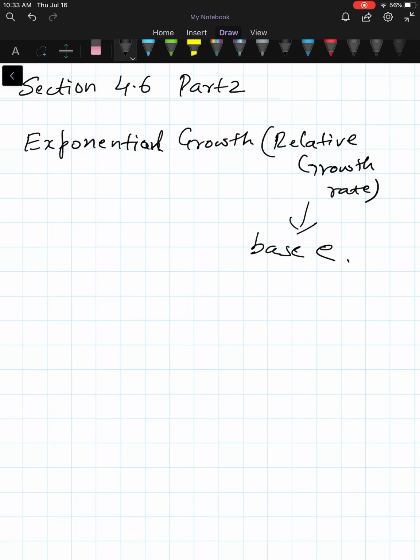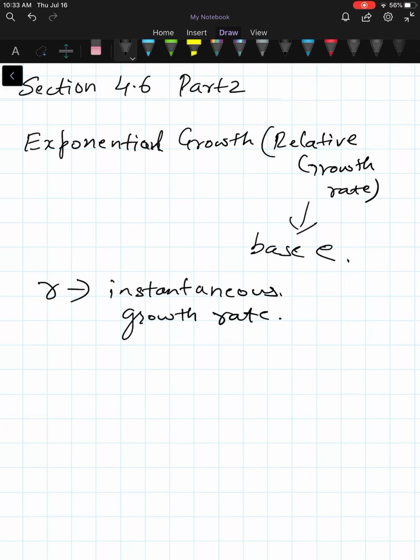Okay, so the rate of the population growth is expressed as a proportion of the population at any time. In this case, r is the instantaneous growth rate. So in calculus, what do we mean by instantaneous rate? It means at a particular instant.